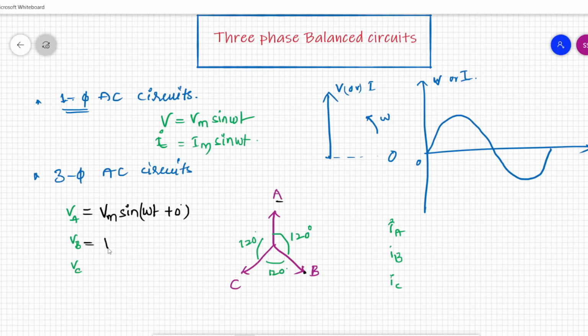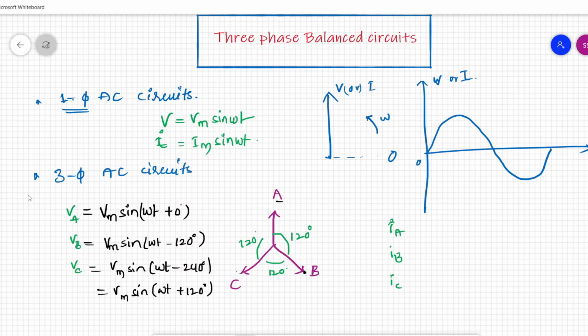VB will be Vm sine omega t minus 120 degrees, since B phase lags A phase by 120 degrees. Similarly, C phase lags A phase by 240 degrees, or it can also be written as Vm sine omega t plus 120 degrees, since C phase leads A phase by 120 degrees. So these are voltages in three phase circuits.